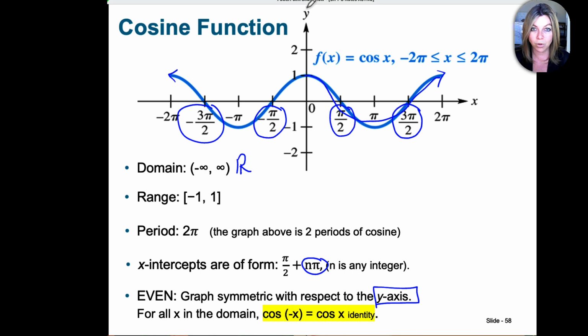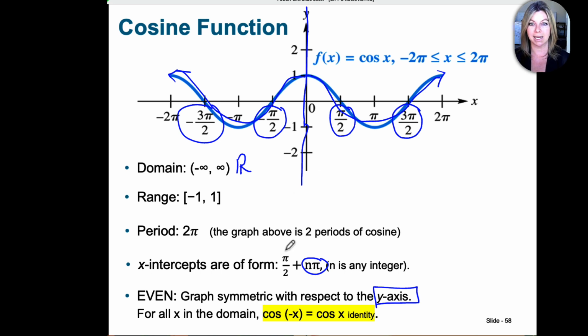So if we were to fold this along the y-axis, one straight fold, then this period of cosine would fold and map directly onto this one here. Every point over here would match every point on the other side of the mirror. So we call that even when it is symmetric with respect to the y-axis.